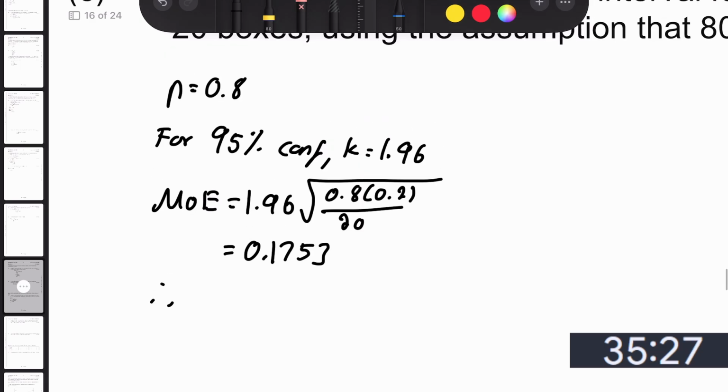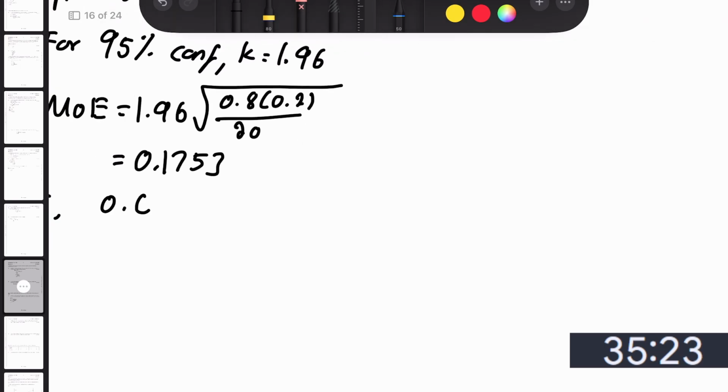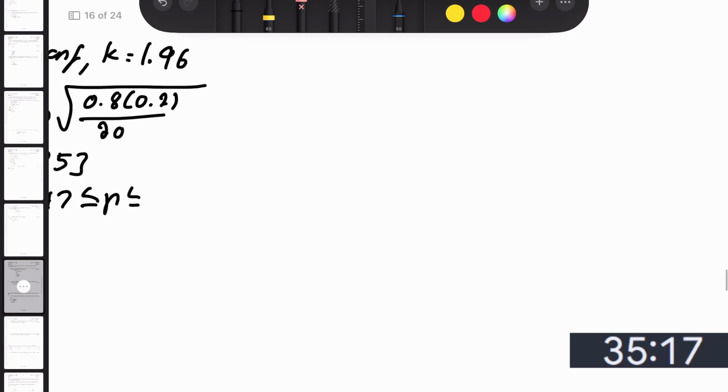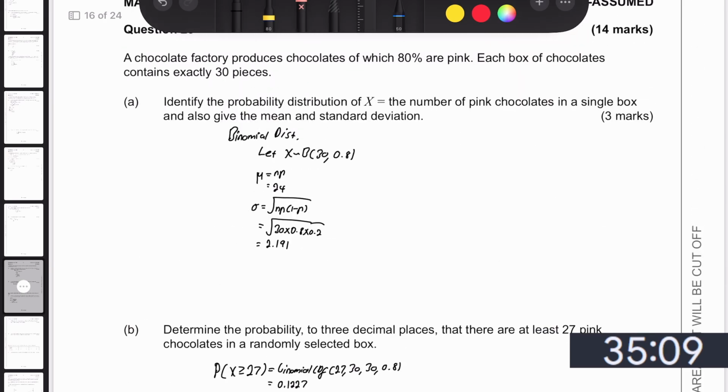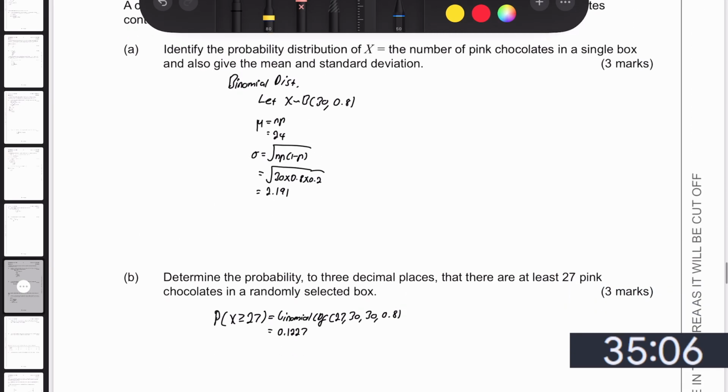Therefore 0.8 minus 0.1753, so 0.6247 is less than or equal to P. I'm not entirely confident in this. 0.953. I'm not sure if this is what it's asking me to do.